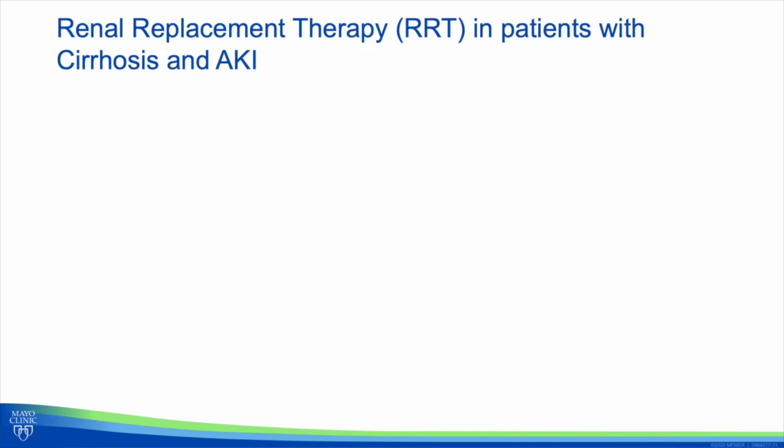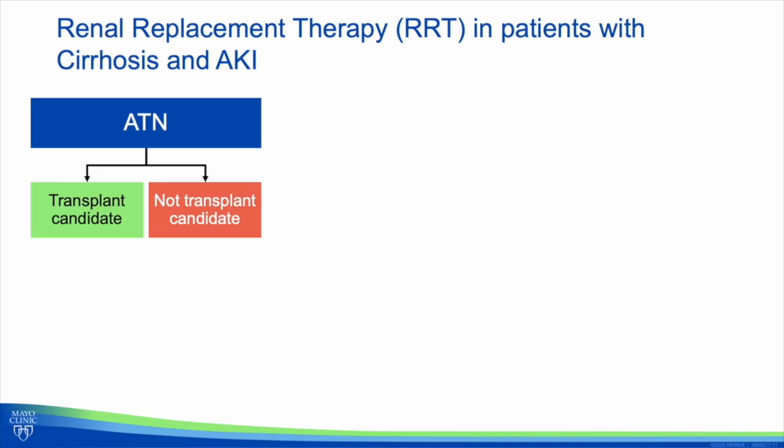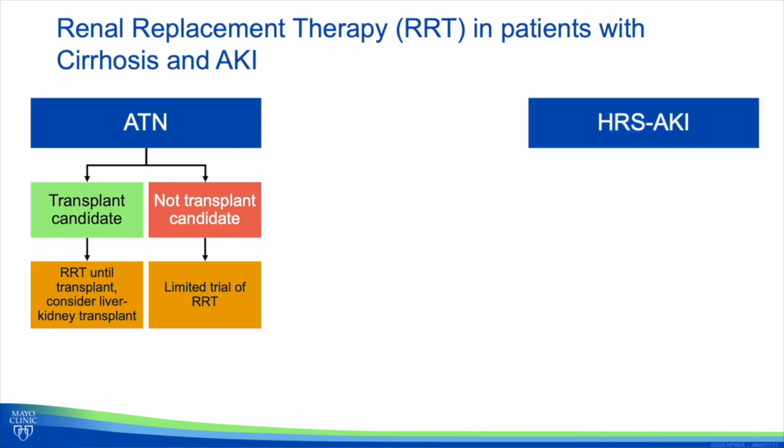You will also consider renal replacement therapy in some of these patients. So if they have acute tubular necrosis, determine, are they a transplant candidate or not a transplant candidate? Transplant candidates will have renal replacement treatment until transplant, and at that time they may require both a kidney and a liver. If you're not a transplant candidate, limited duration of renal replacement treatment.